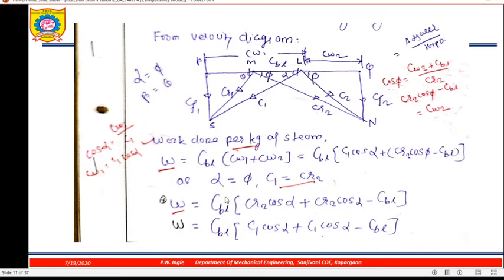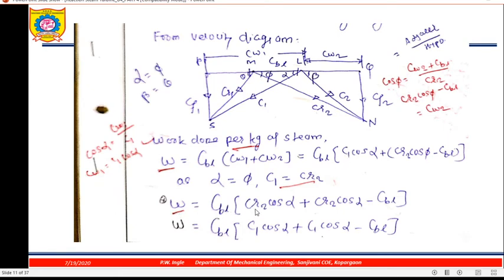Now since this is a Parsons reaction turbine case, alpha equal to phi, so C1 equal to CR2. So here CR2 is replaced by C1. What do you get?